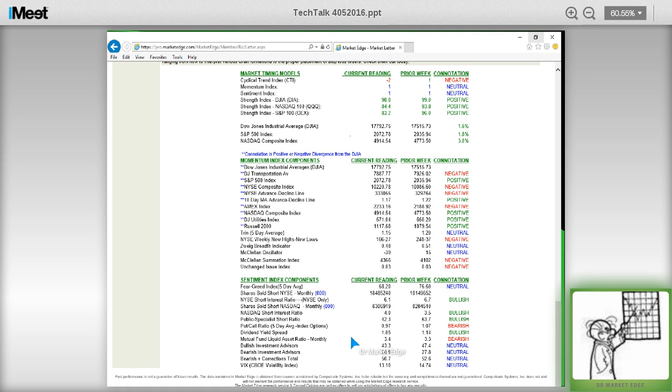Okay, the next thing that comes into play is the sentiment index. Again, the sentiment is neutral currently, but just 2 weeks ago it was negative, which in our case, when the sentiment is negative, that means everybody is too negative, which is bullish for the market. So it's kind of a contrarian indicator.